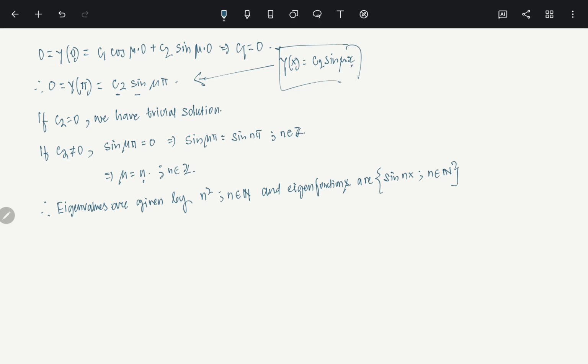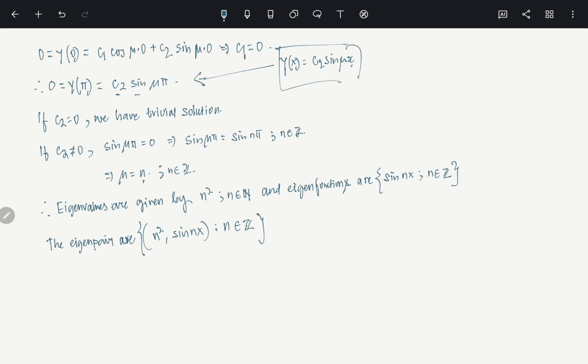So you see, these are the things, right? Essentially what we can say is the eigenpair. What is an eigenpair? An eigenpair is the eigenvalue with its corresponding eigenfunction. So the eigenpairs are n square, sine of nx, where n is in Z. Let us take it to be Z, I think that will be more appropriate.